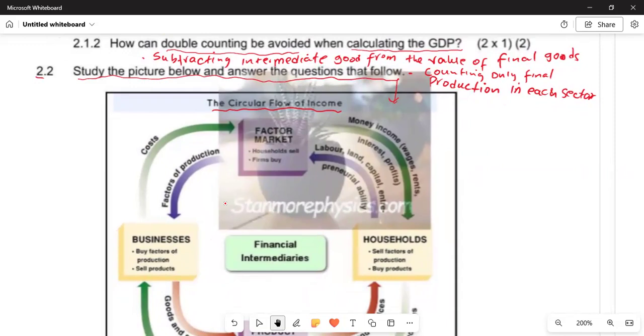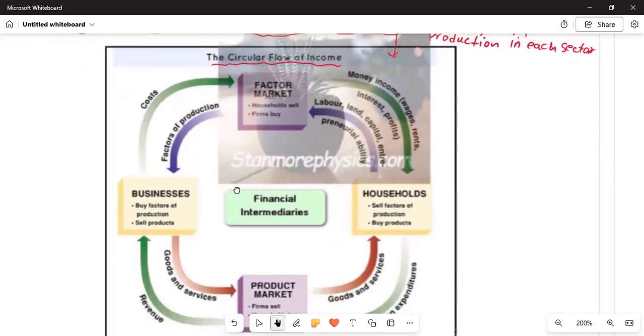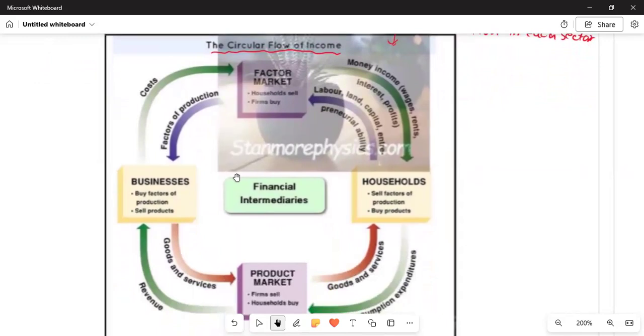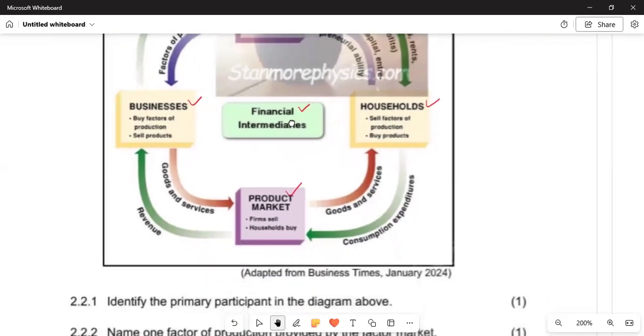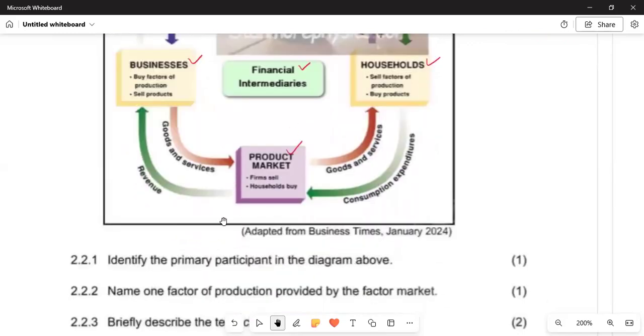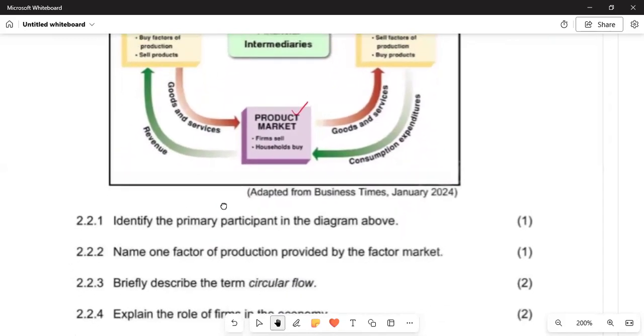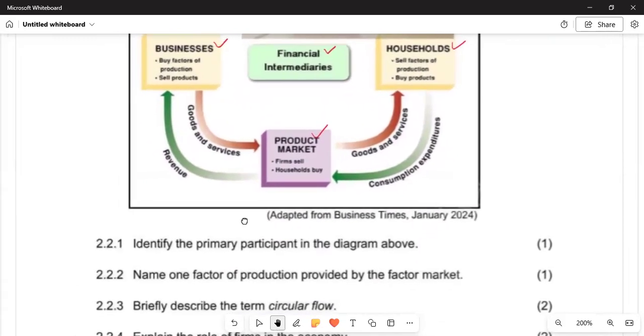As you can see, we have the factor market, financial intermediaries, businesses, households, and the product market. As you study it, there are questions that follow that we are to attend to today.